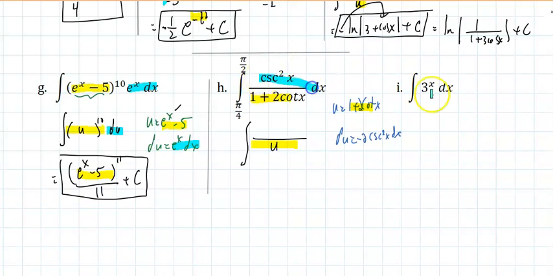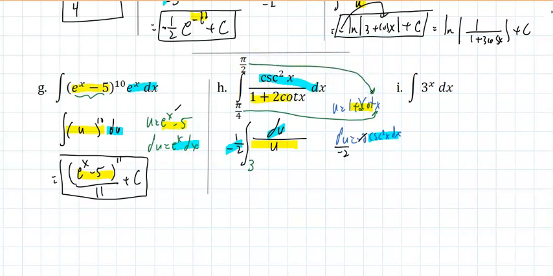My du is right there. And by the way, at pi over 4, cotangent is 1, right? 1 plus 2 is 3. And at pi over 2, cotangent is 0, so that's 1.